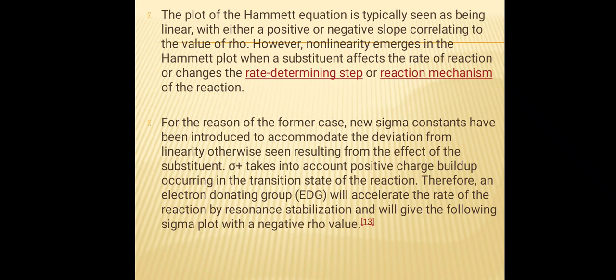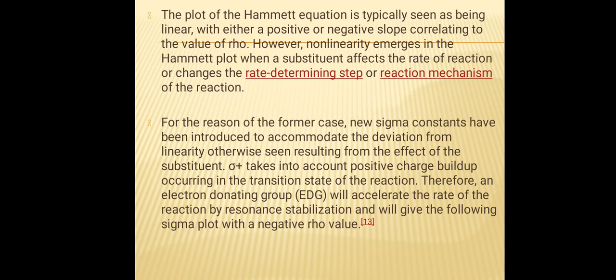Sigma plus takes into account the positive charge buildup occurring in the transition state of the reaction. Therefore, an electron donating group will accelerate the rate of reaction by resonance stabilization and will give a Hammett plot with a negative rho value.